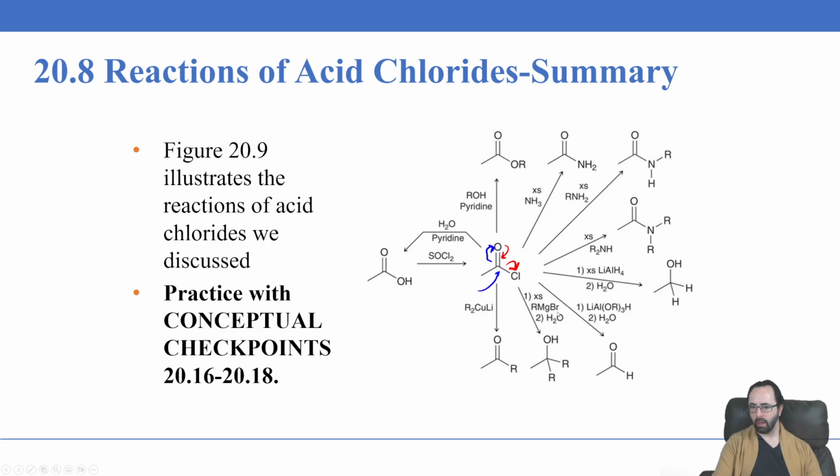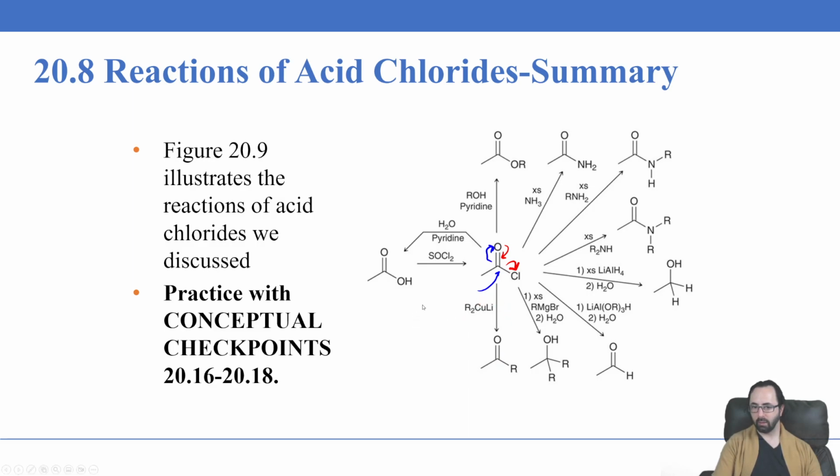You can also have a reaction with a Grignard reagent as a nucleophile, in which case you'll add two of your alkyl groups and ultimately end with a tertiary alcohol here. And again, if you don't want to react all the way to the alcohol, you can add one alkyl group and just stop at the ketone here if you use the Gilman reagent.